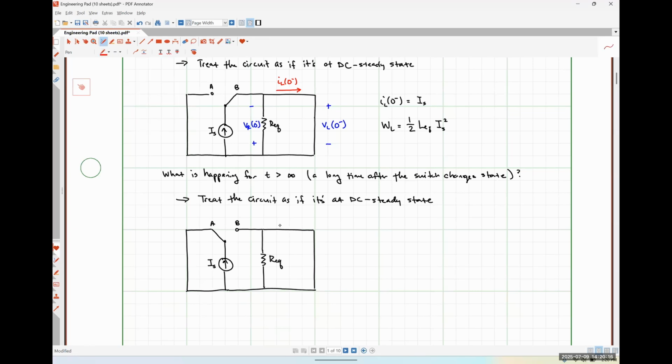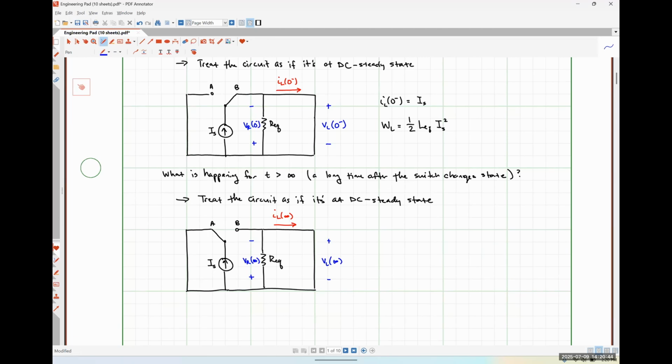And here is our inductor current, IL, at t is equal to infinity, which is what we're actually interested in. But I'm going to go ahead and make a note that this would be the voltage drop across our inductor at t is equal to infinity, and this would be the voltage drop across our resistor at t is equal to infinity, just if we happened to be interested in those quantities.